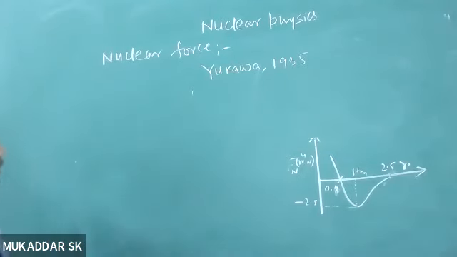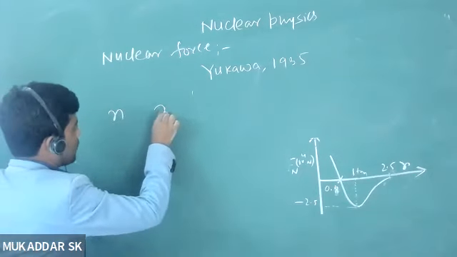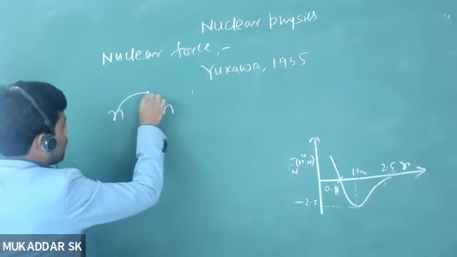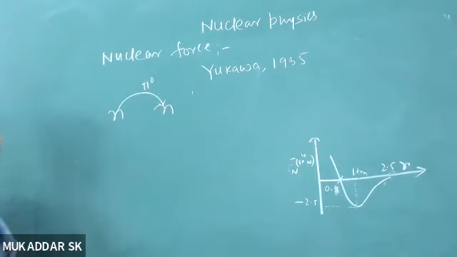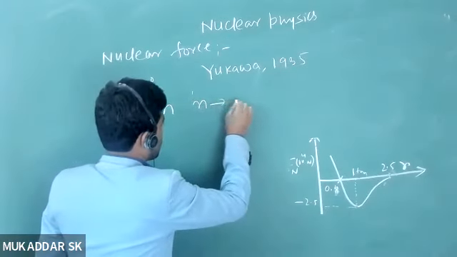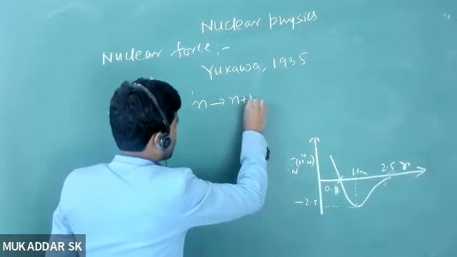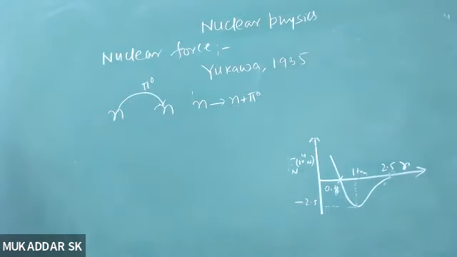He said that inside the nucleus, a neutron is interacting with a neutron by the exchange of pi zero meson. In reaction form, I'll write, a neutron will interact with a neutron by the exchange of what? Pi zero. In reaction form, it will be like this.